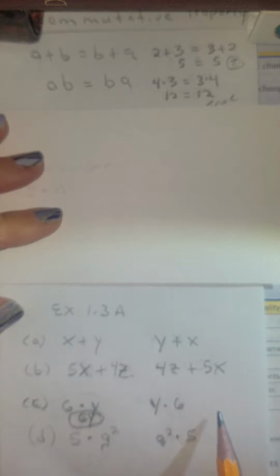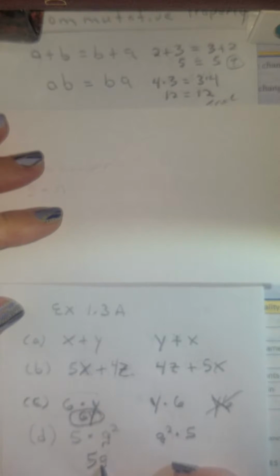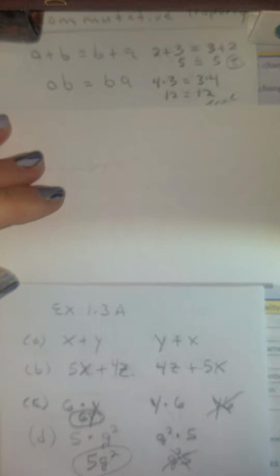You would not write y6; that's not acceptable. Same thing here, you would write this as 5g squared. You really wouldn't write g squared 5. That's just not what they normally do, and this is more appropriate when you're dealing with algebra.